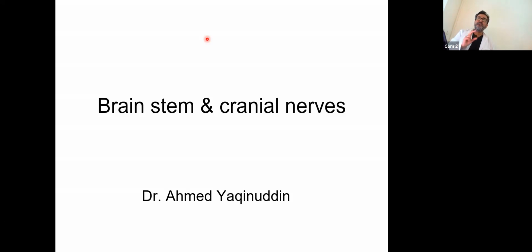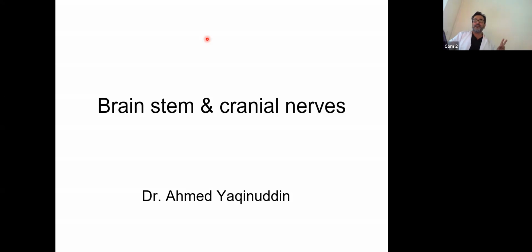So any injury to brainstem can affect the nuclei of cranial nerves 3 to 12, and wherever they are going to supply, those could be affected based on the location of those nuclei. Okay, so first, it is a conduit for the tracts which are either going up or going down, passing to the spinal cord, going to the cortex. You need brainstem. So any injury to brainstem can affect those tracts.